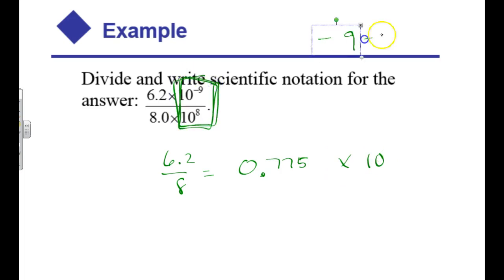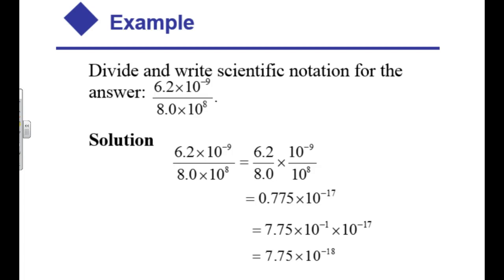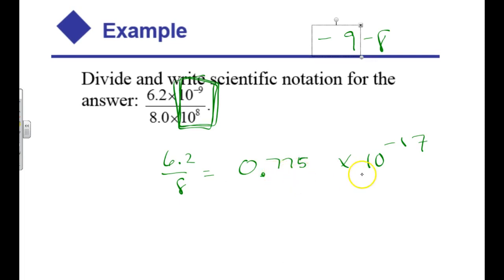So negative 9 minus 8 is negative 17. We can't leave this because remember, you can't write this in scientific notation because my leading coefficient is not a whole number.